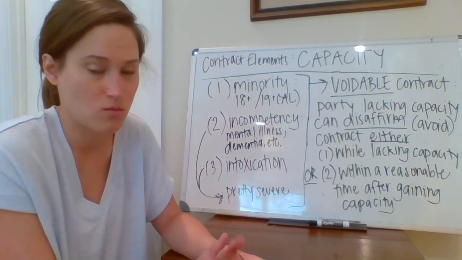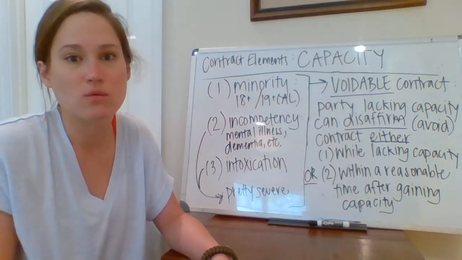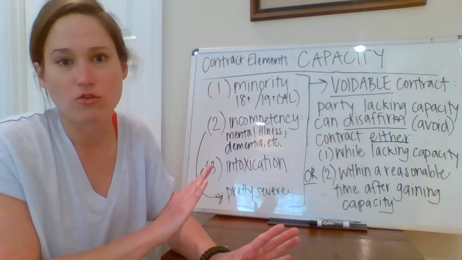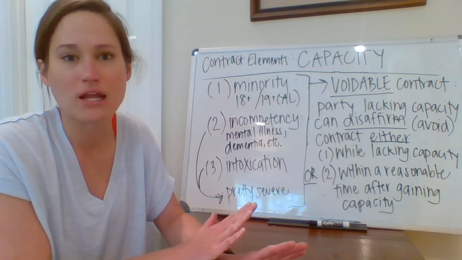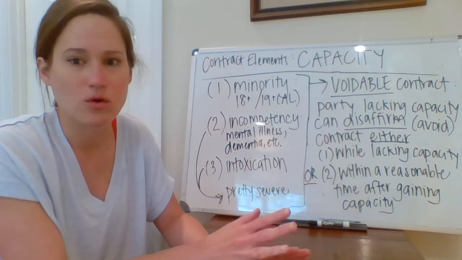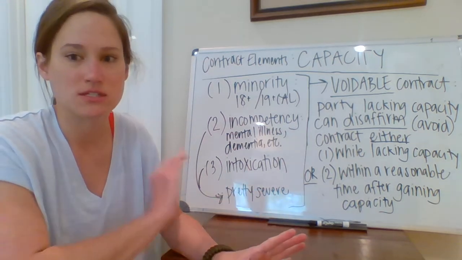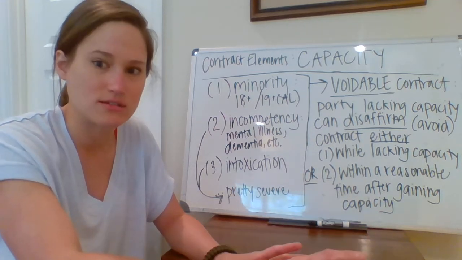That's possible, right? In a totally void contract, we would say there truly was no contract at all to begin with. Any court, if there were any dispute involving the contract, would say we're not even going to touch this. It's as if no contract existed.